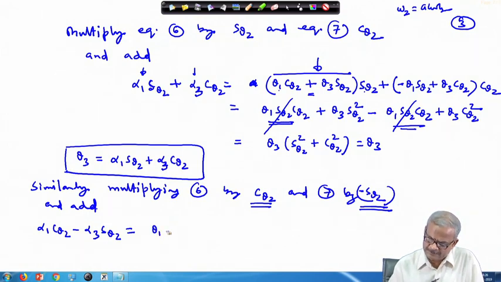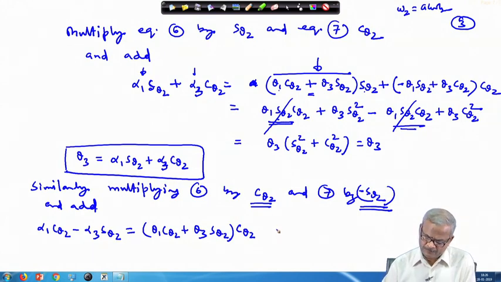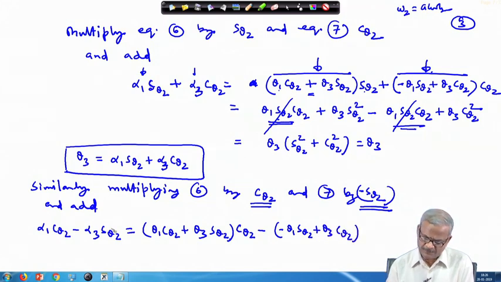So, we insert that theta 1 c theta 2 plus theta 3 times c theta 2, okay, and minus alpha 3 is this term. So, minus theta 1 s theta 2 plus theta 3 c theta 2 and multiplied by s theta 2.